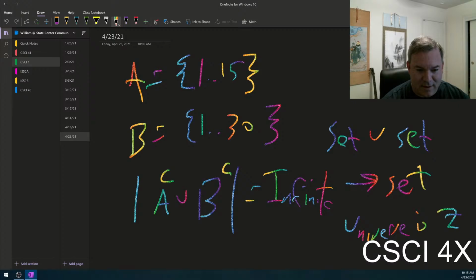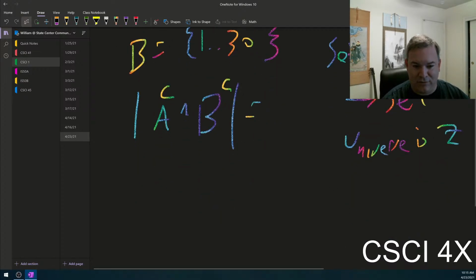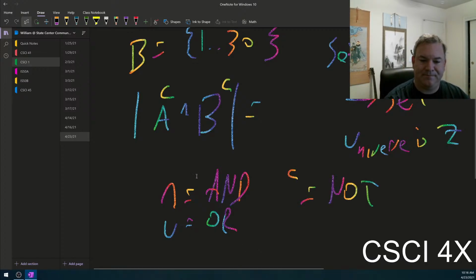Okay, what is A complement intersect B complement? How many numbers are both not in A and not in B? And if you hear me using English for this, yeah, intersection is kind of like and, union is kind of like or, and complement is kind of like not. Right?